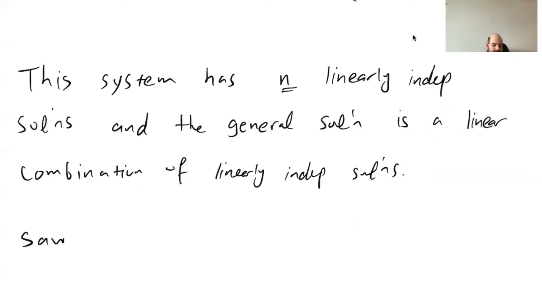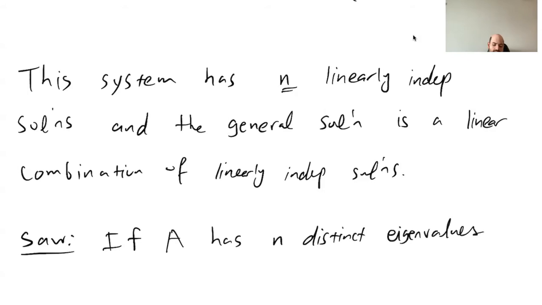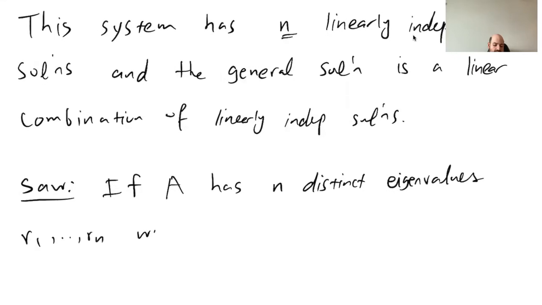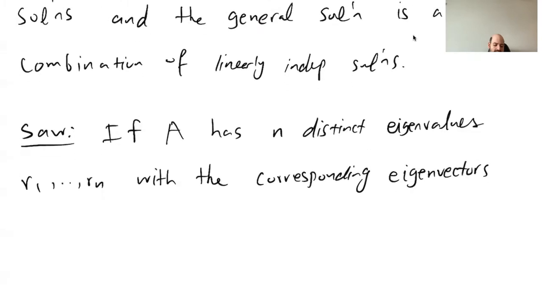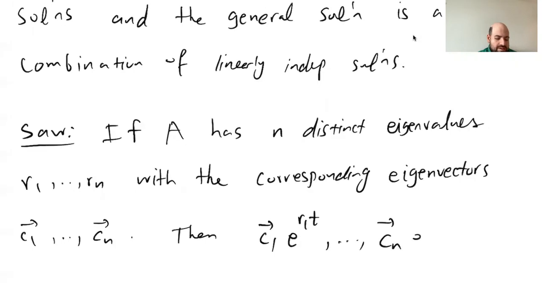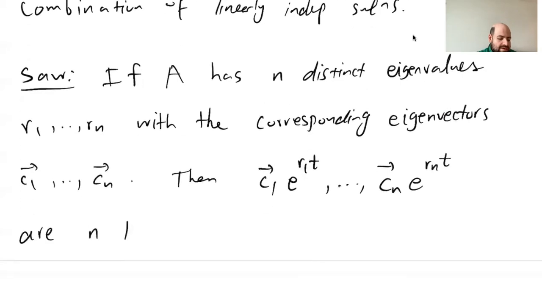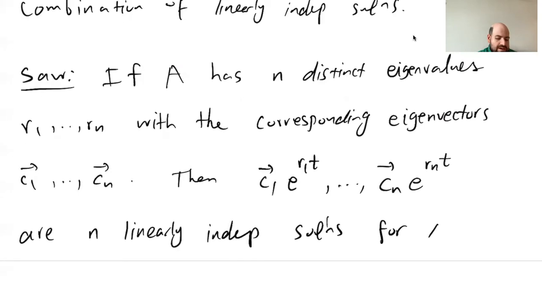So we saw if A has n distinct eigenvalues, let's say r1 to rn, with the corresponding eigenvectors, let's say c1 to cn, then what we claimed was that c1 e to power r1t all the way to cn e to power rnt are n linearly independent solutions for x prime equals Ax.